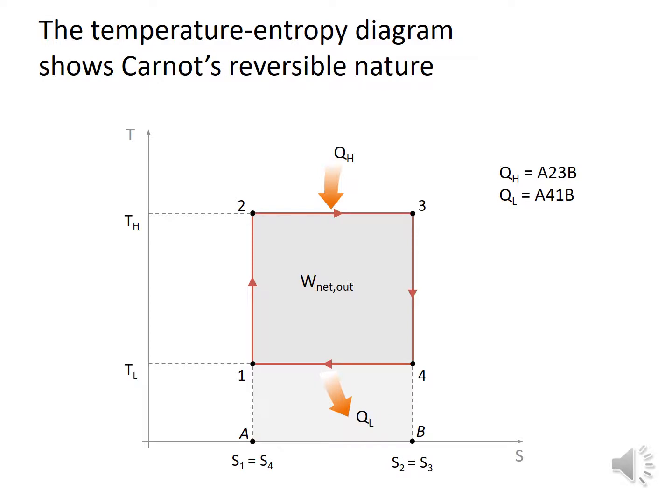As we can see, we have an isentropic compression and an isentropic expansion, meaning that the inlet entropy at 1 is equal to the outlet entropy at 2, and the same here, that S3 is equal to S4.